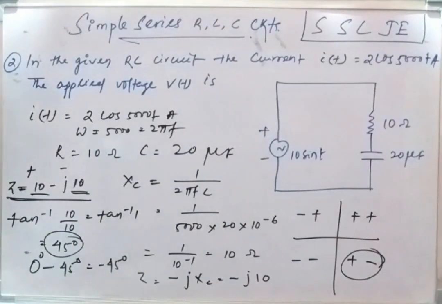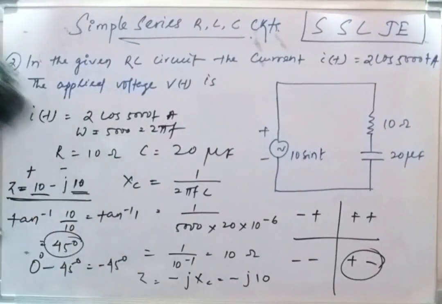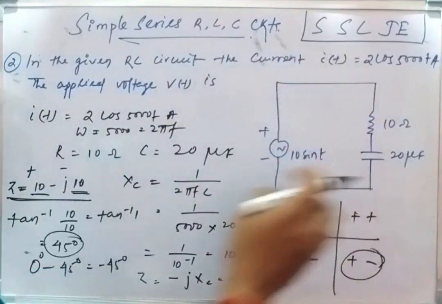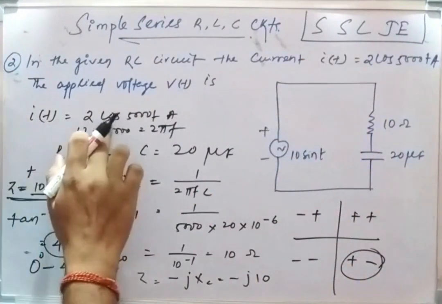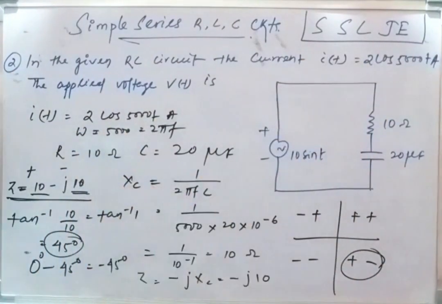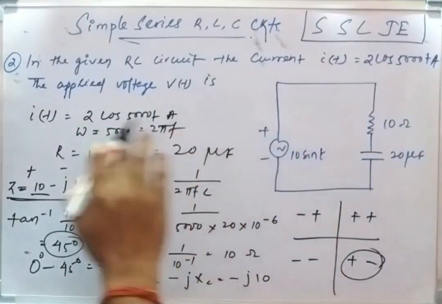Okay, the first option will be correct, that is 28.28 cos 5000 t minus 45 degree. Also in option C there is minus 45 degree, but you know, in a circuit, if current is in the cos form, then voltage will also come in the cos form.